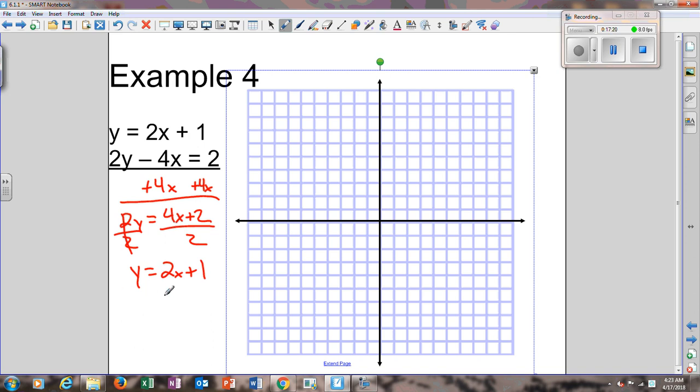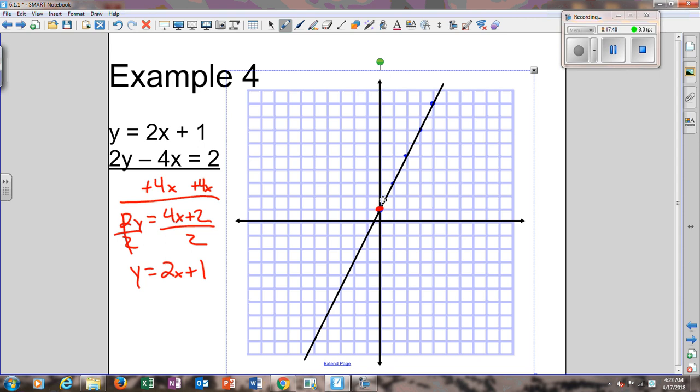What's the problem here? Nothing. It's in slope-intercept form. So let's graph our first line. It is 2x plus 1. You go up 2 and over 1. Draw your line. And our second equation is 2x plus 1.